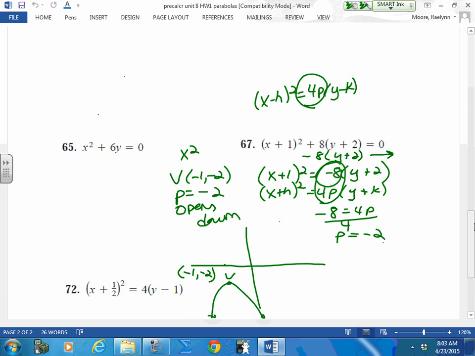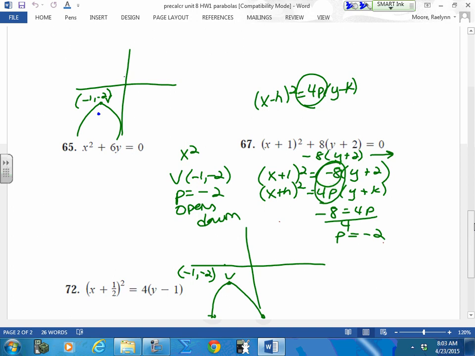Alright, what's your vertex? Can you guys see that? Here we are, negative 1, negative 2. This is my vertex. Is everybody okay so far? Opens down. Now, let's find your focus. Your focus has to be inside your parabola. Your directrix outside.